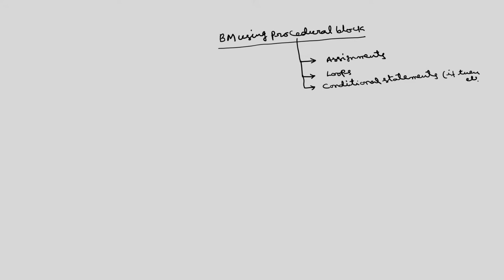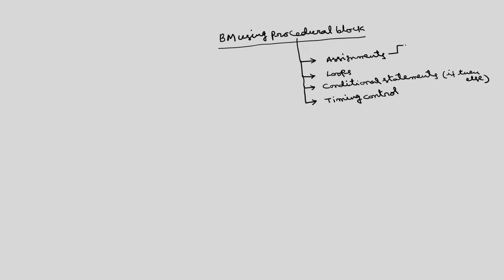This is similar to the C language, and we can have some timing control also. So, this is one of the powerful blocks in behavioral modeling. This allows the assignments, loops, conditional statements, timing control.